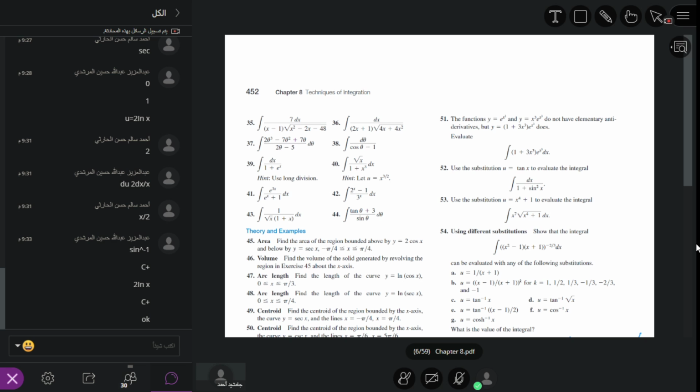So if we have the integral of x cosine x, first function same, it means x is same.